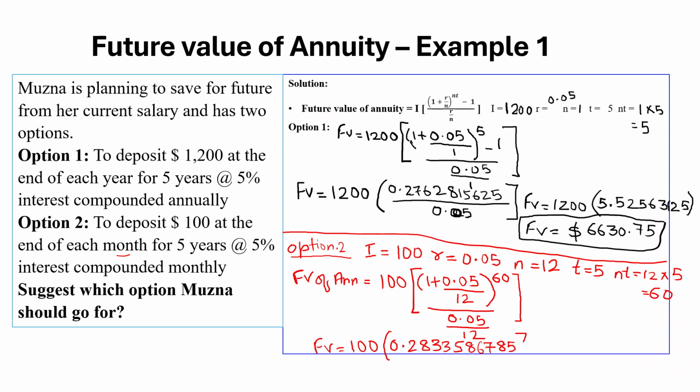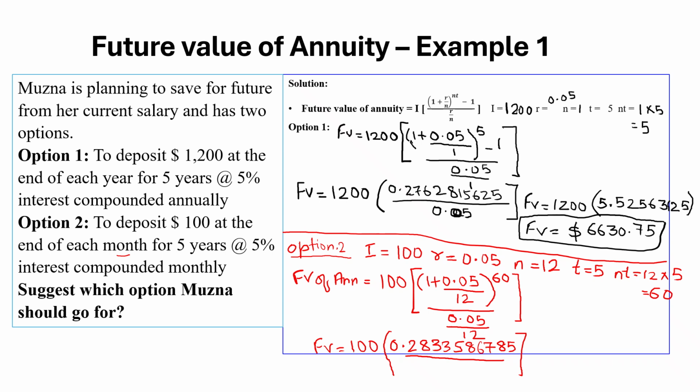Just close this bracket, and with the same number, pay attention to what I am telling. When you calculate this in your calculator, bracket 1 plus 0.05 divided by 12 bracket close power of 60, you will get 0.283586785.